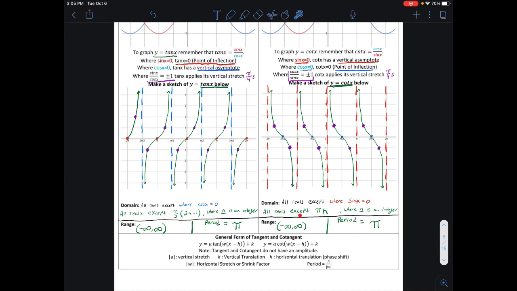The way I can write that as an expression would be all real numbers except for pi times n, where n is some integer. Like tangent, the period of cotangent only takes a window of pi radians for cotangent to do everything that it's going to do. You go outside of that window, it's going to start repeating itself. So cotangent, as one of my parent functions, has a period of pi radians.